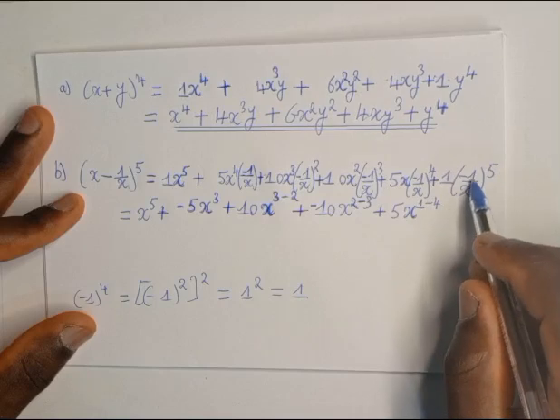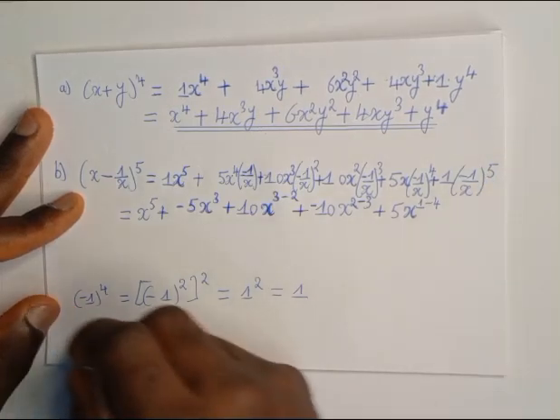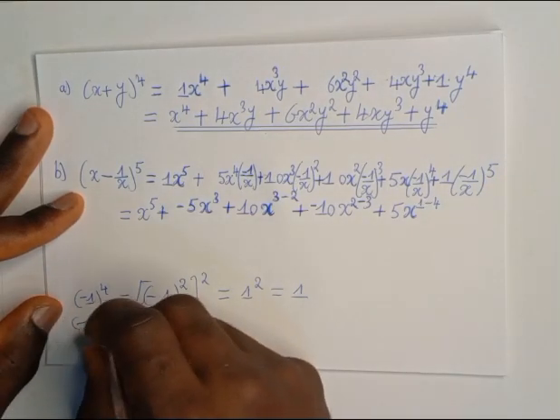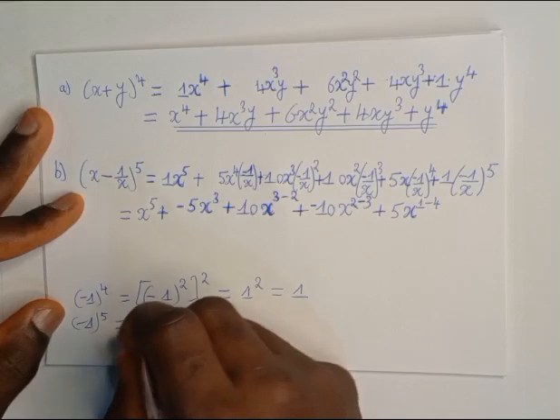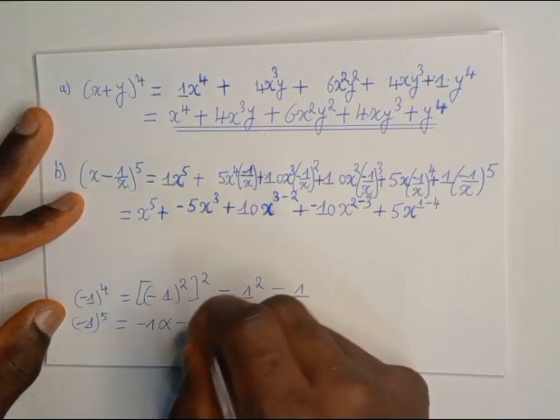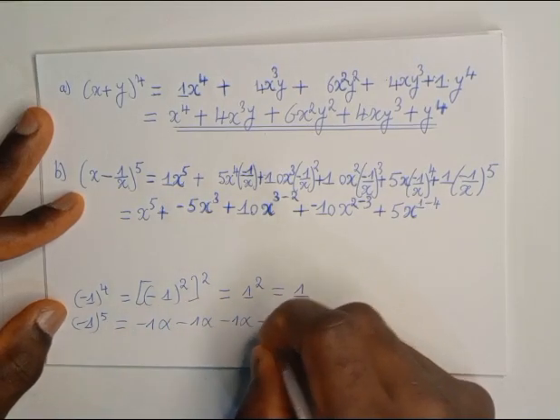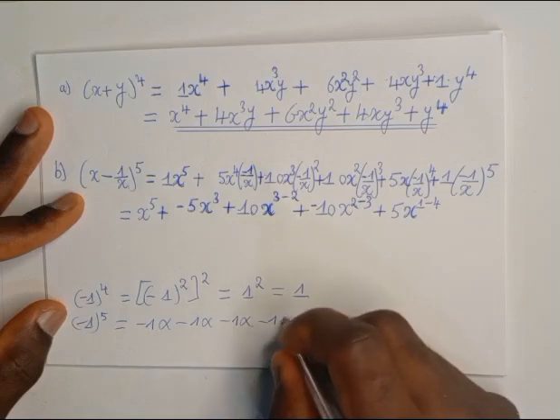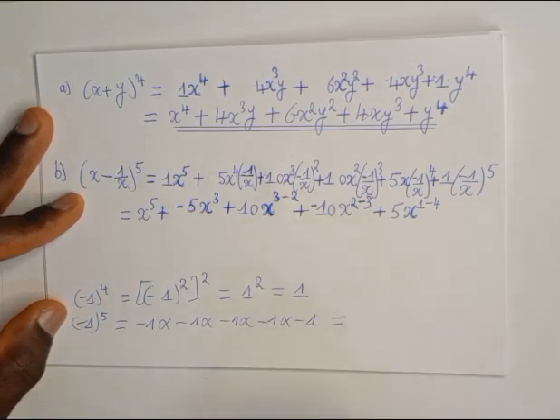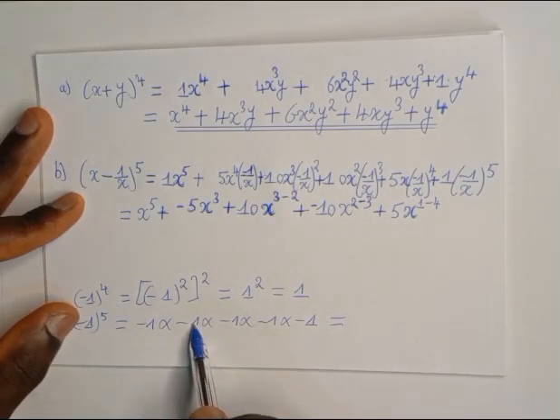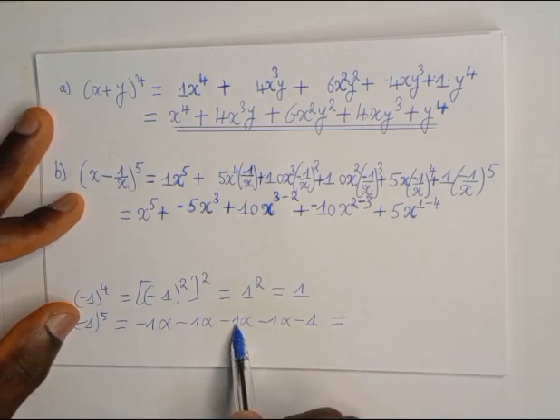And last term we have a negative 1 raised to the power 5, simply equal to negative 1 times negative 1 times negative 1 times negative 1 times negative 1, which is equal to negative 1 times negative 1 gives us positive 1. Positive 1 times negative 1 is negative 1.